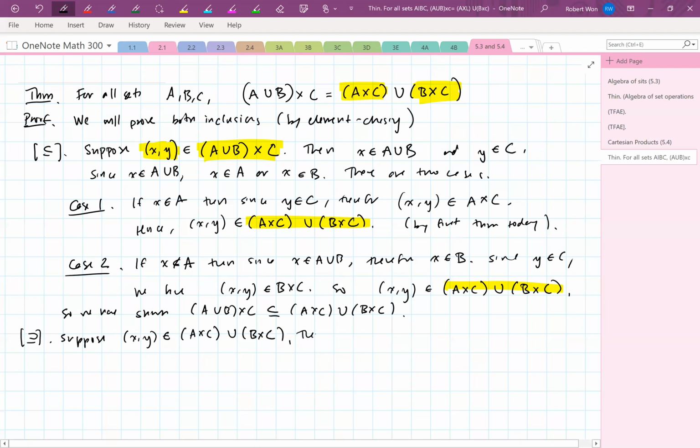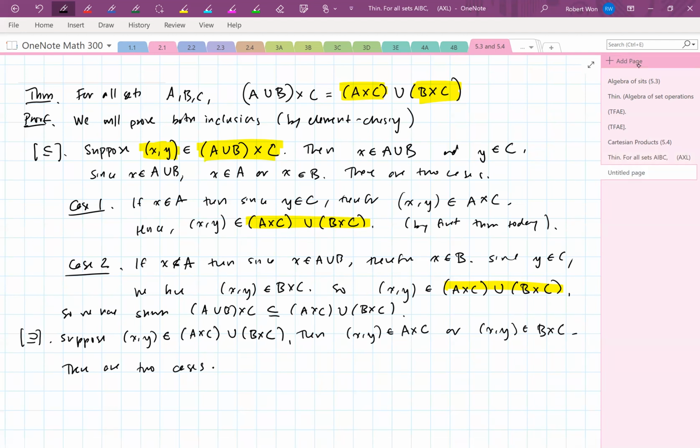Okay, then x comma y is in A cross C, or x comma y is in B cross C. Again, there are two cases. Okay, case 1.